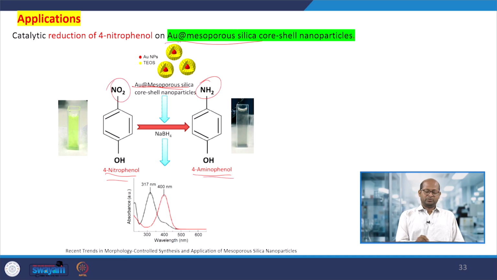The gold mesoporous silica used was core-shell silica nanoparticles. Like that, many applications are there. These silica aerogels or carbon aerogels or mesoporous silica materials can be used as support materials or as catalyst materials from a chemical point of view. These materials can be used in many ways.